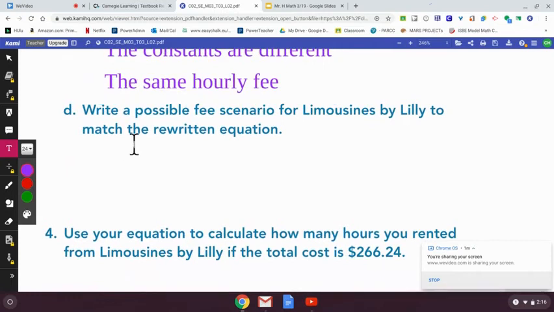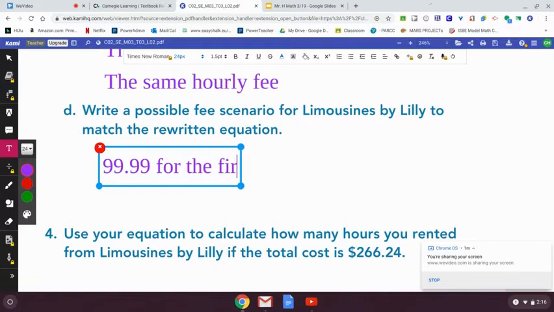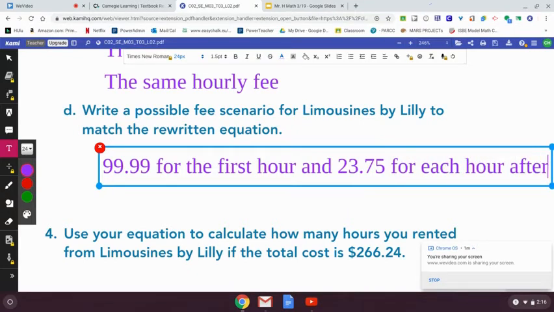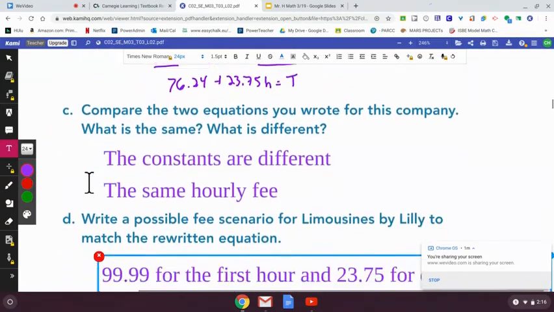Those are the two differences between the equations and how you would explain it too. I think I would describe it as $99.99 for the first hour and $23.75 for each hour after. That would just be how I would describe it. I think it's pretty clear to me for that one.